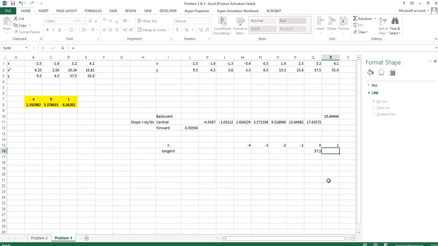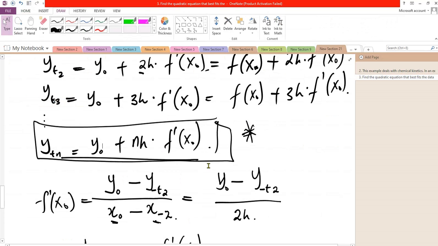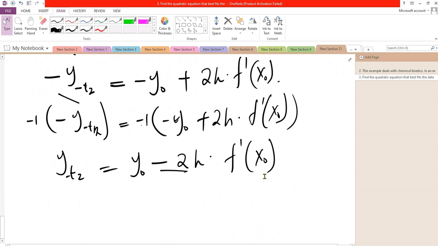Now let me just make a point. Let me just copy this formula. Let me write it properly.